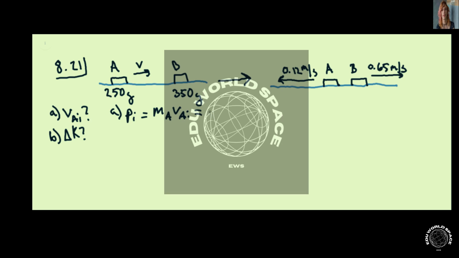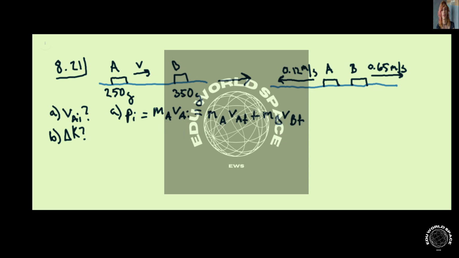And that is mass of A, because that has not changed, times V sub A final, which would be a negative number because it's moving to the left, plus the momentum of B, which would be M sub B, V sub B F.